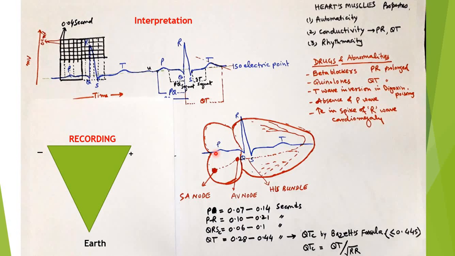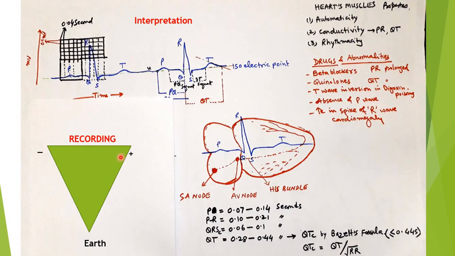The P wave is represented by the auricle depolarization wave, the QRS complex is the ventricular depolarization wave, and the T wave is the repolarization wave of the ventricle. The question is where the auricle repolarization wave goes. It comes in between the QRS complex, and it is not recorded by the machine.